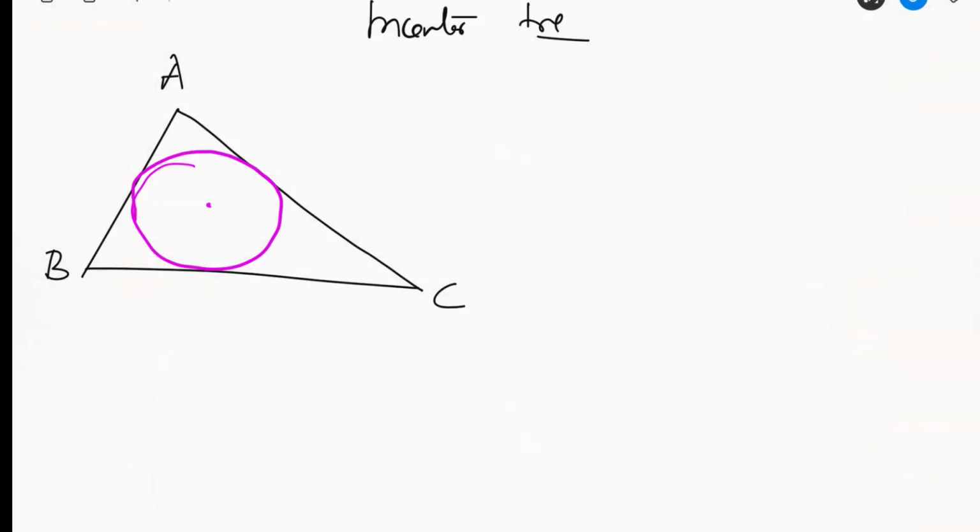You can draw the angular bisector of each angle. Here the angles are equal. This point is the incentre, and the radius of this circle is the inradius.